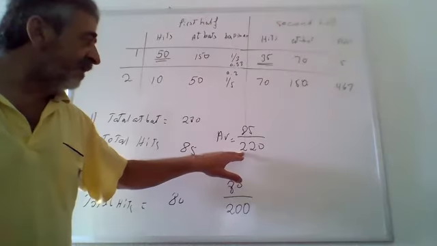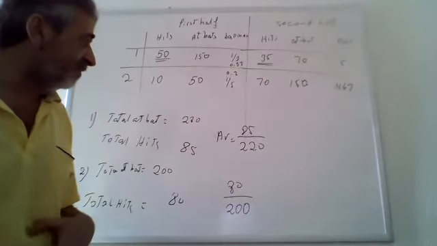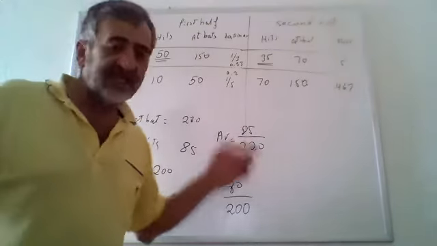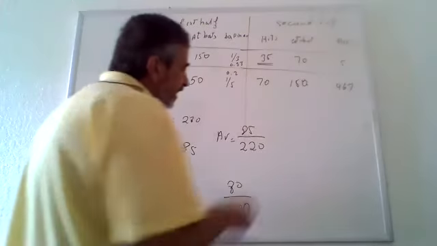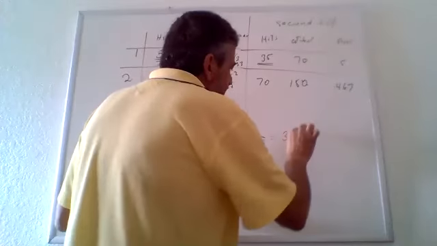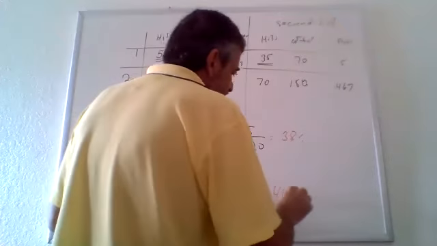Let's see what average we have. So this one gave me about 38%. This one gives me 40%.